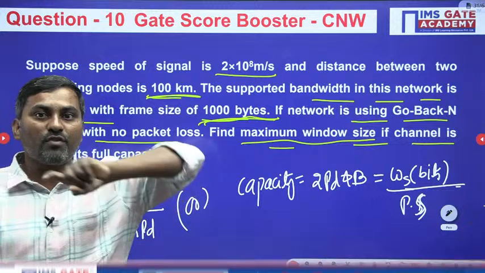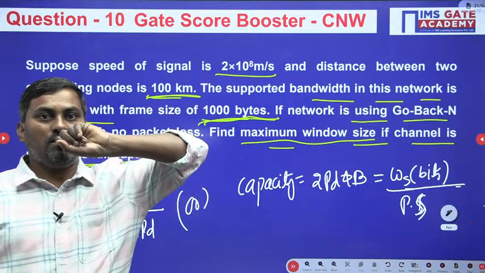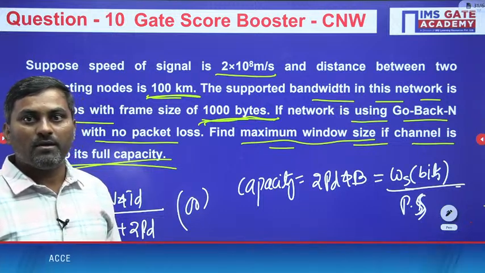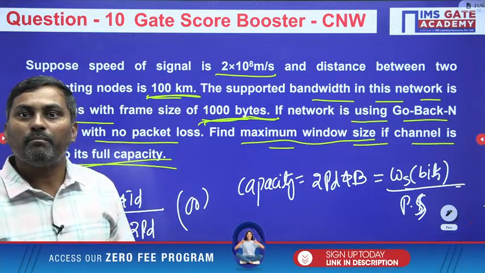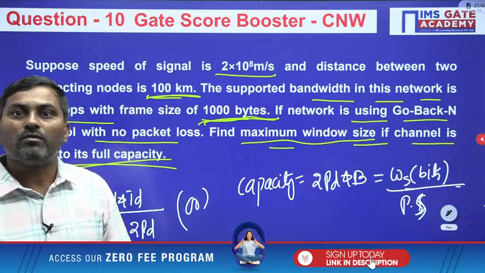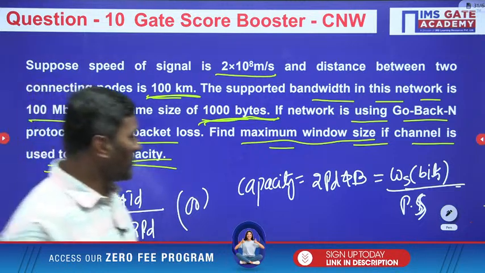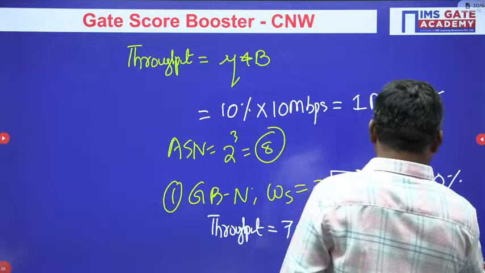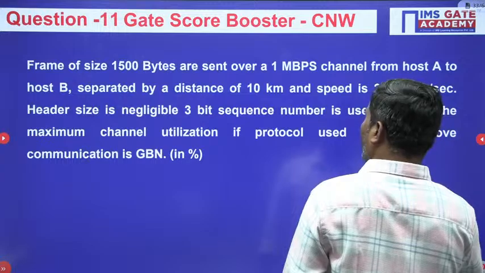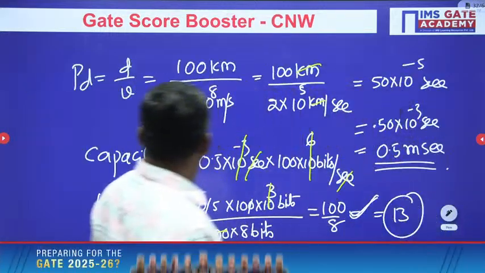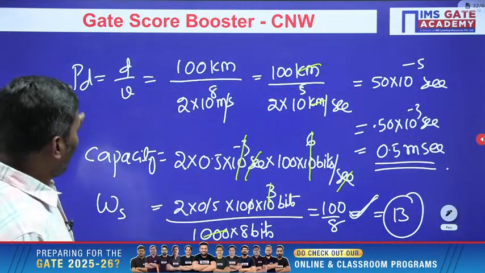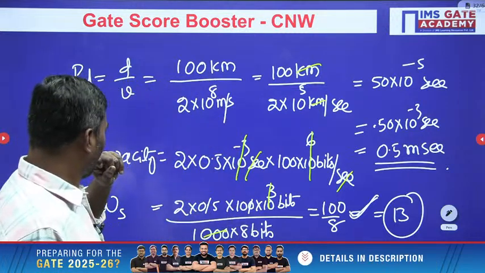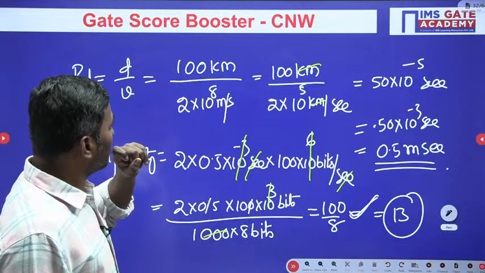13 is the answer. But somebody got 13.5. JP, how much did you get? 12.5 only, previously also told. 13.5, somewhere a mistake is there. Any mistake? We have done propagation delay for the full capacity part only.